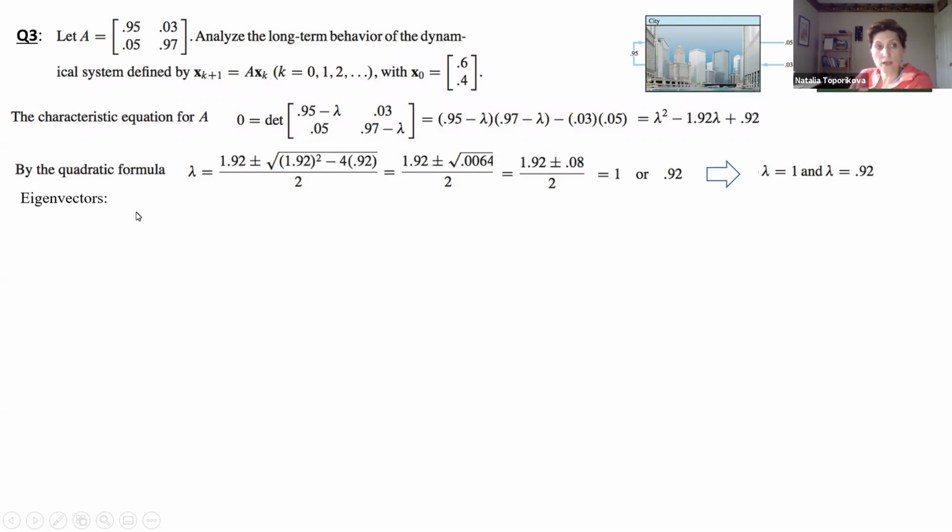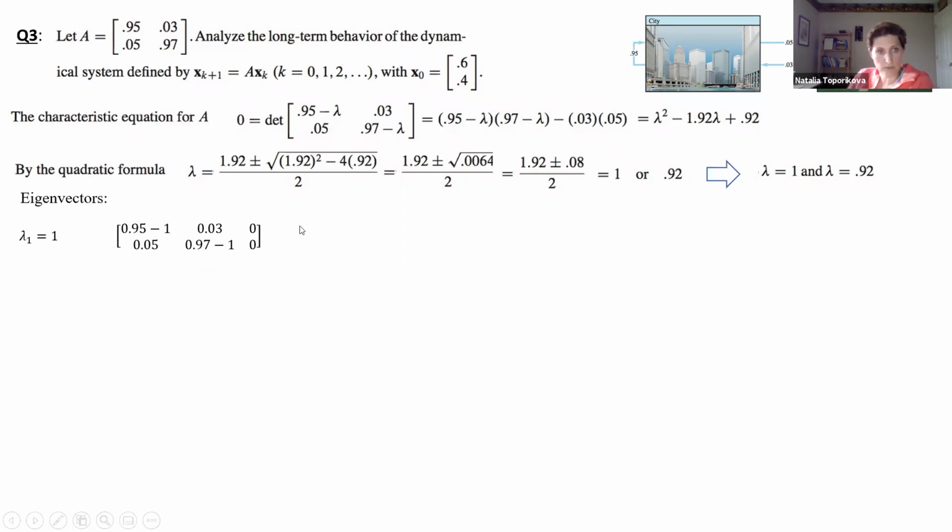Let's find the eigenvectors which correspond to each of the eigenvalues. We know there can be a lot of them, so let's start with lambda equal to 1. Our eigenvectors are just solutions of the homogeneous equation A minus lambda I. So again, we take our matrix, subtract the identity matrix times lambda, and augment it with a column of zeros.